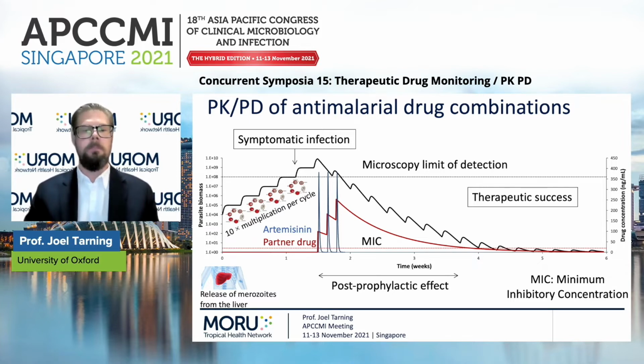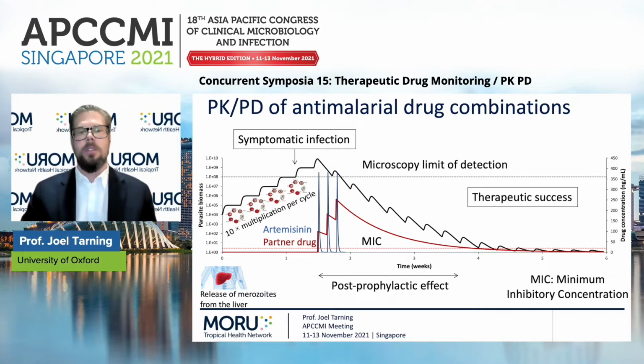The partner drug to this artemisinin-based combination therapy can be mefloquine, piperaquine, or a couple of others, lumefantrine, for example. And these partner drugs accumulate with each drug administration, and then they are retained in the blood for a longer duration of time.